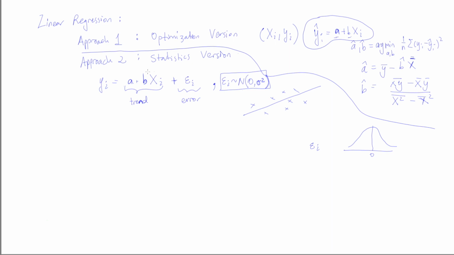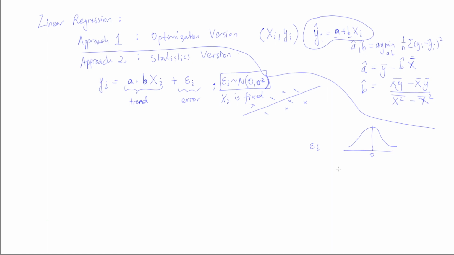Okay, but this has a big implication. Let me just say one more thing. Xi is fixed. So in this version, I assume xi is just a number. It's a constant. Yes, it's coming from the data, but it's just a fixed value. Okay, so what is this actually telling us?